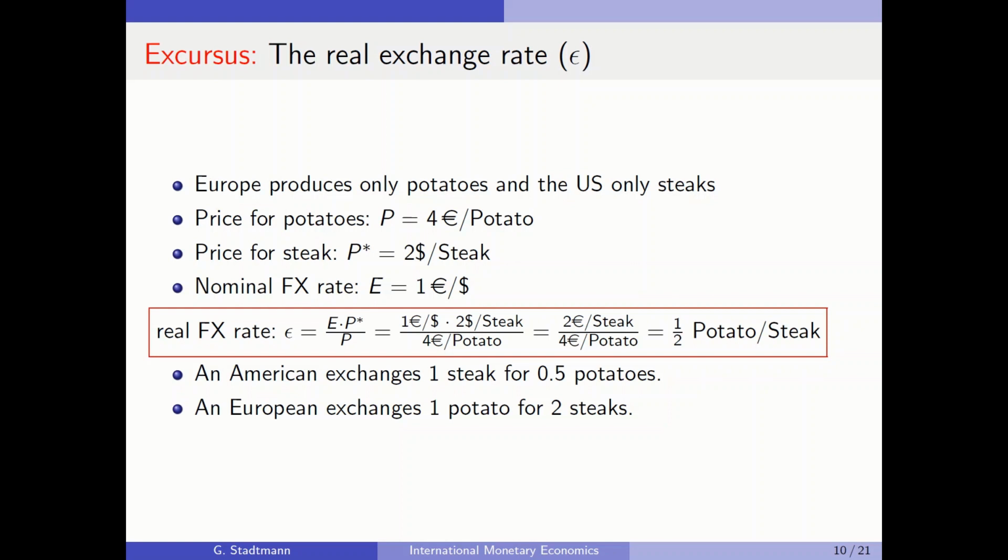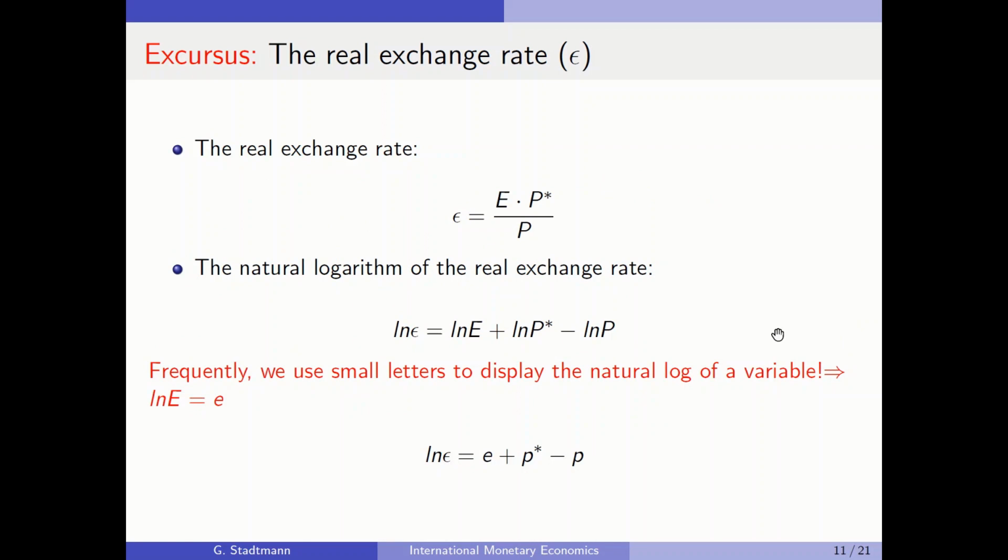But the real exchange rate, as we measured it, is the price of 1 unit of the foreign good measured in units of the domestic good. So the real exchange rate is given by the ratio: nominal exchange rate times the foreign price level divided by the domestic price level. Several times we want to work with the natural log of the real exchange rate.